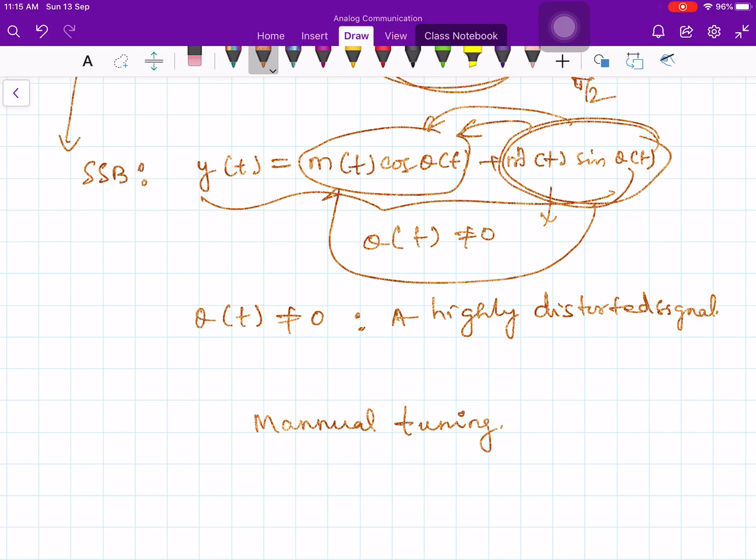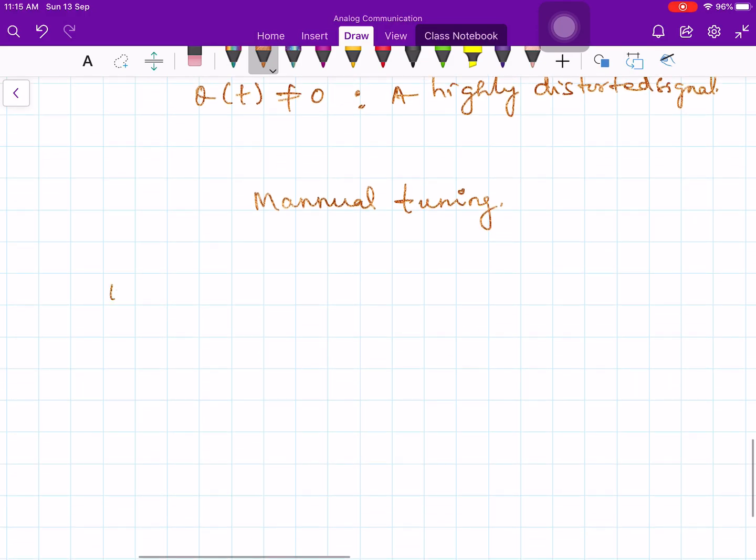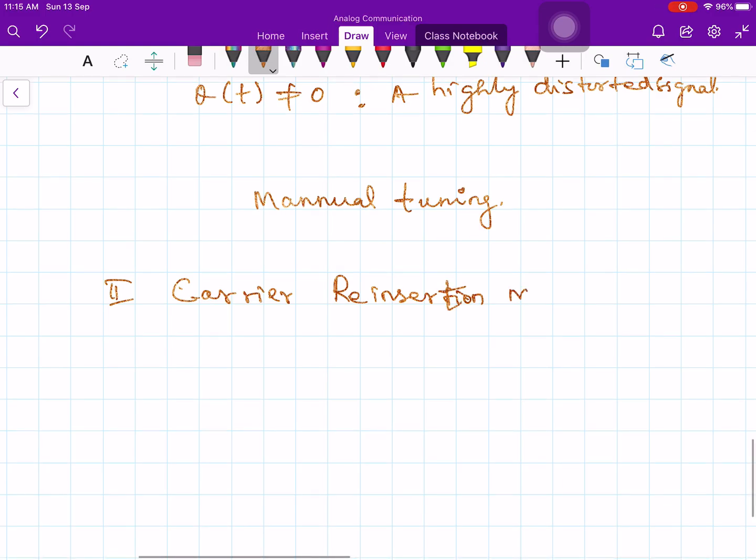So now let us discuss the second method, the carrier reinsertion method. This is the second method of demodulation of SSB signals.